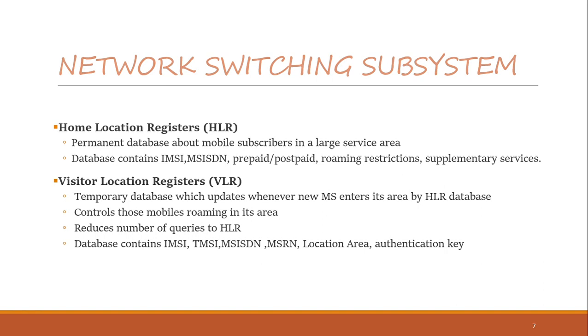The HLR is considered the most important database as it stores permanent data about subscribers, including a subscriber's service profile, location information, and activity status. When an individual buys a subscription from one of the PCS operators, he or she is registered in the HLR of that operator.